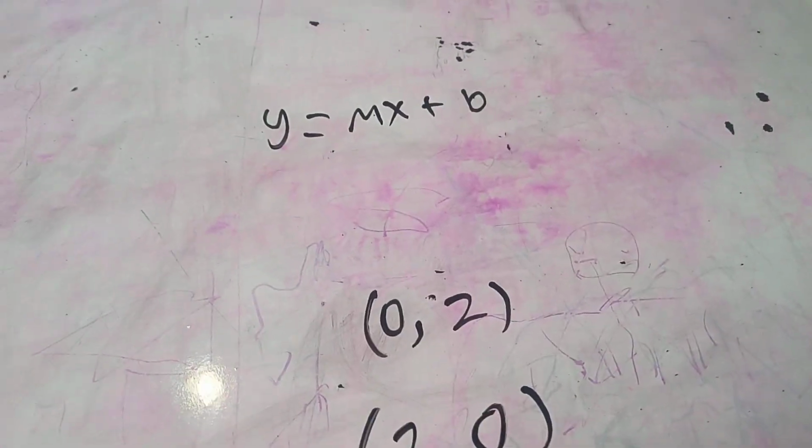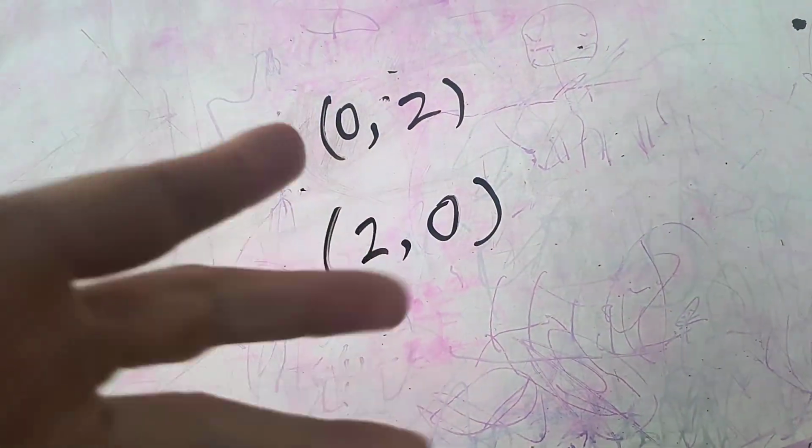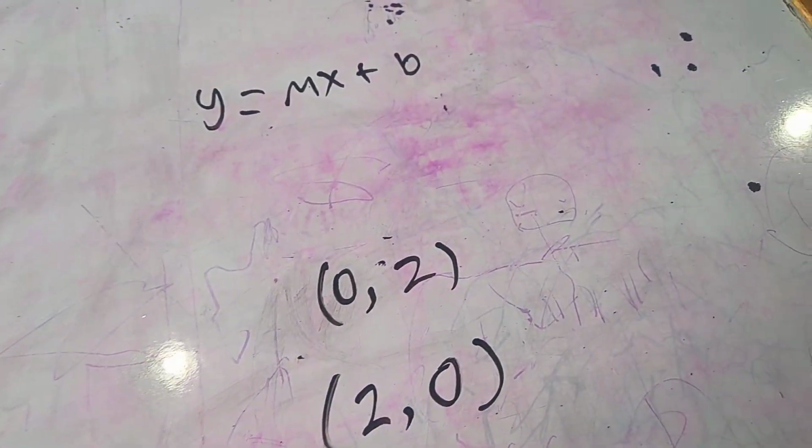How could you figure out the linear equation, the equation for this line in slope-intercept form?